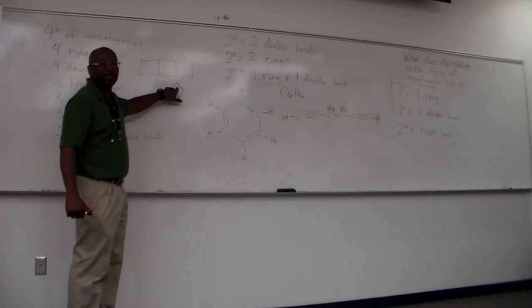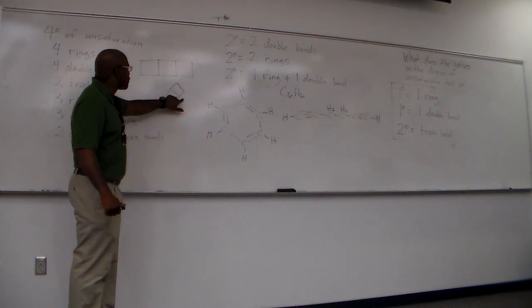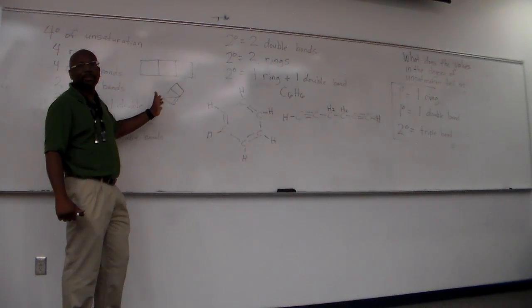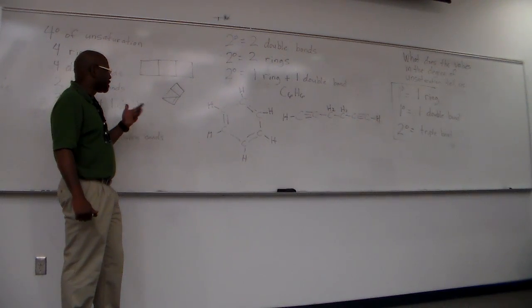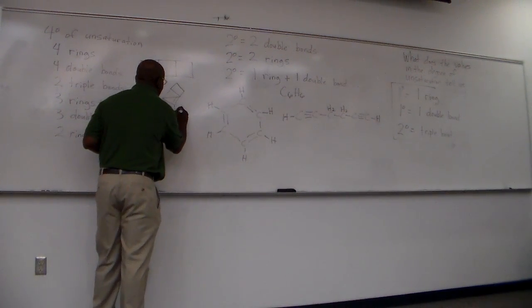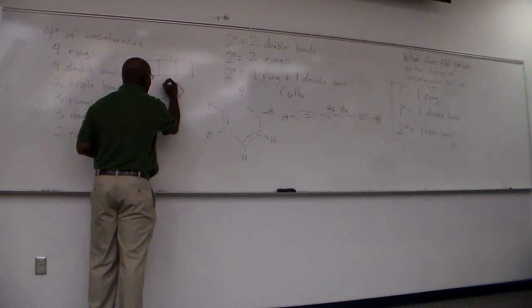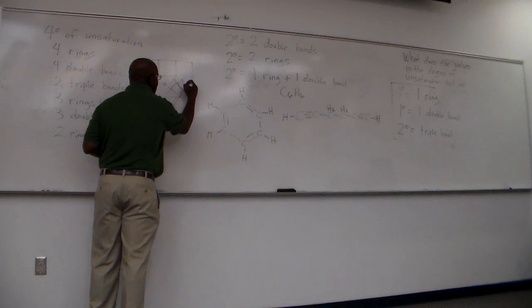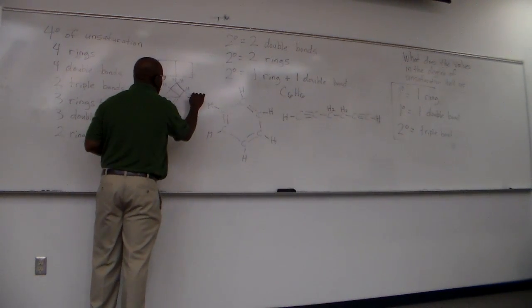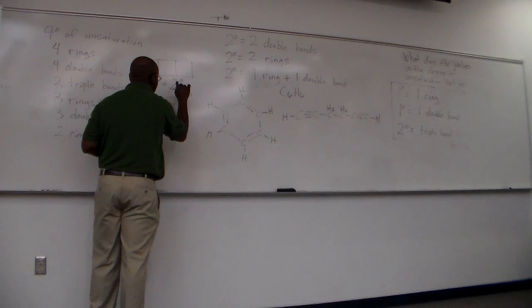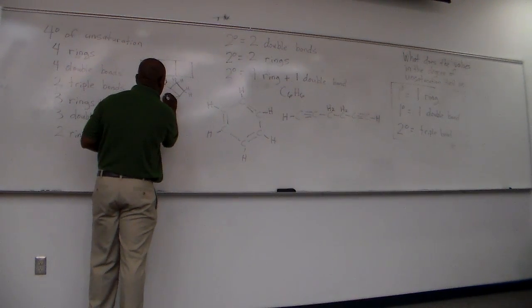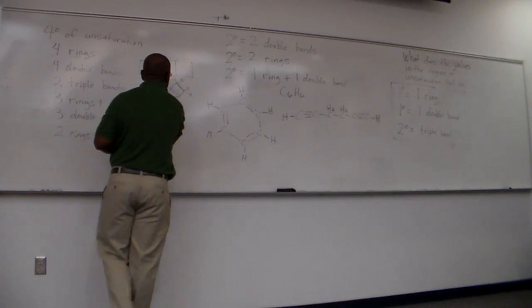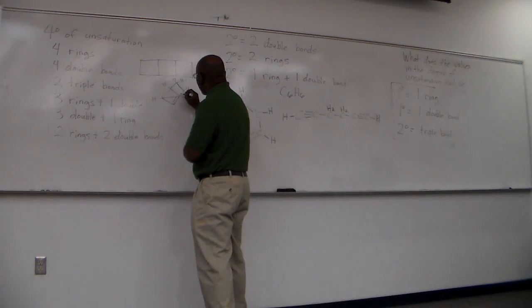1 ring, 2 rings, 3 rings. You have 1, 2, 3, 4, 5, 6 carbon atoms, and we actually have a double bond. We had 6 hydrogens. You have a hydrogen here, here, 1 here, 1, 2 there. There's already 4, 1, 2, 3, 4.